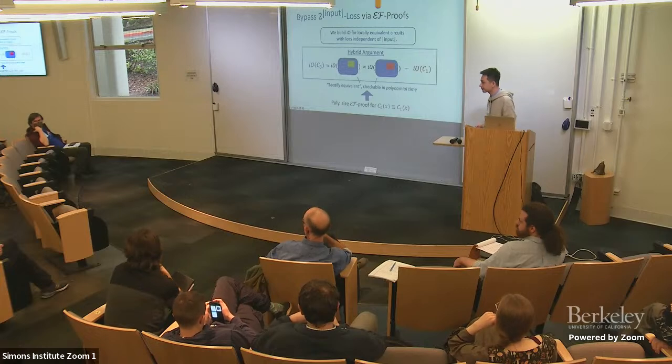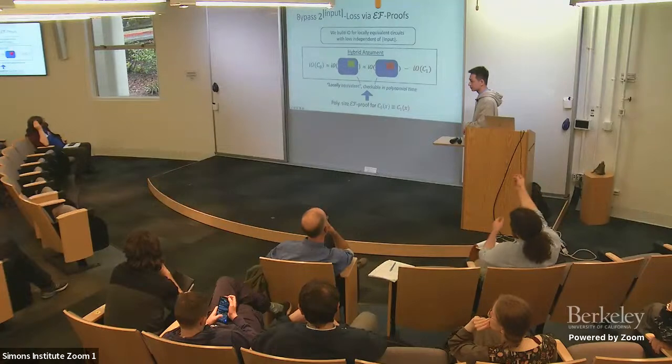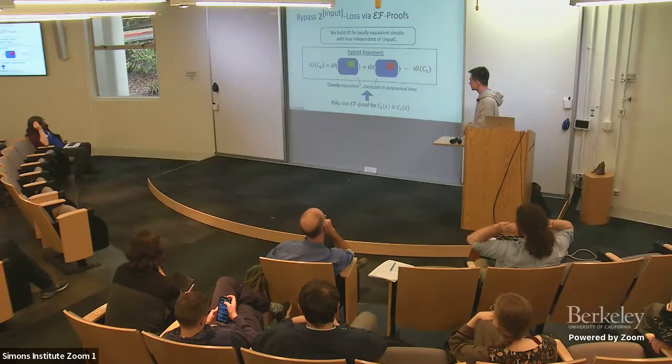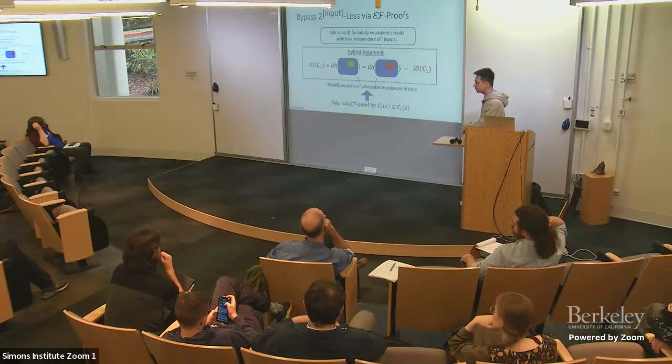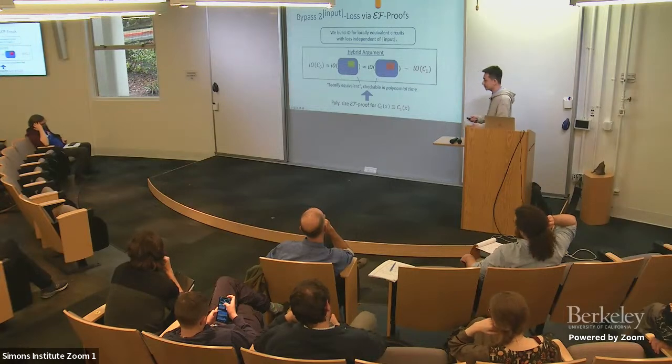Yeah. So maybe you're going to say something about this, but obviously you got an extended Frege proof that C0 and C1 are equivalent. It's not obvious that the things you're talking about are necessarily C0 or C1. They can be completely different circuits.